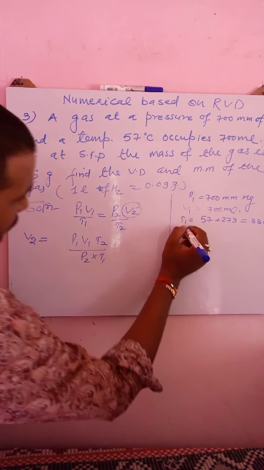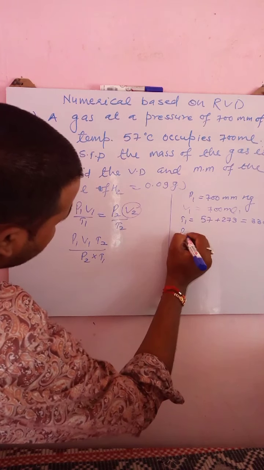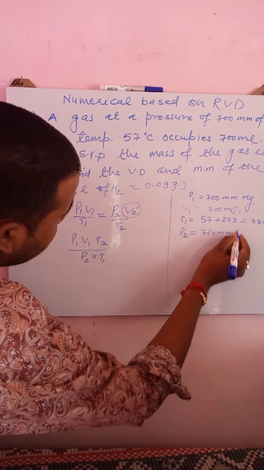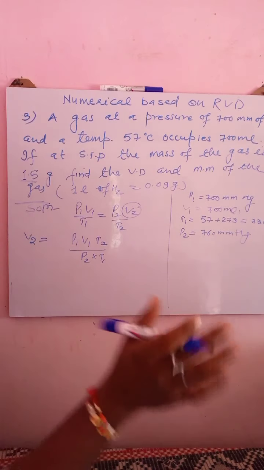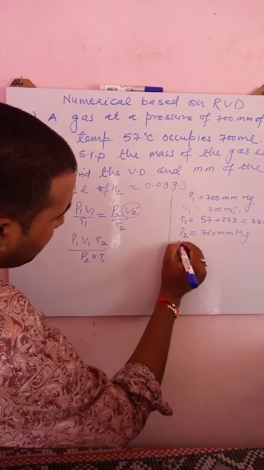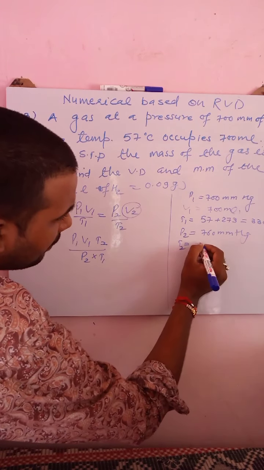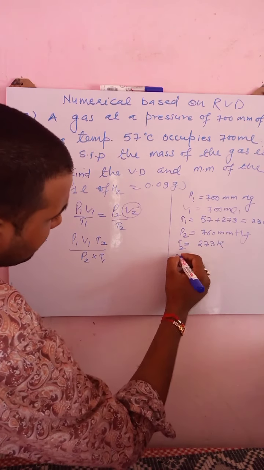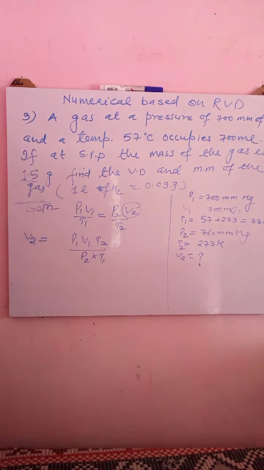We all know at STP, P2 is 760 mm Hg, temperature is 273 Kelvin, and V2 we have to find out.